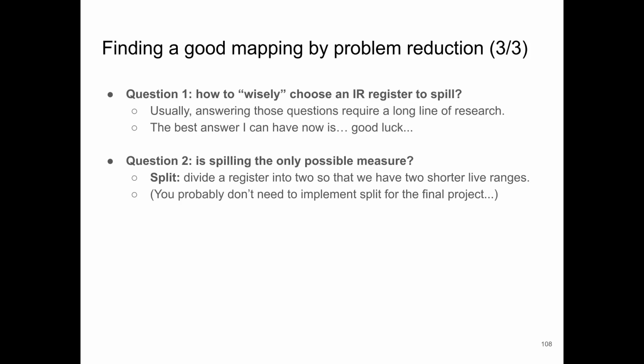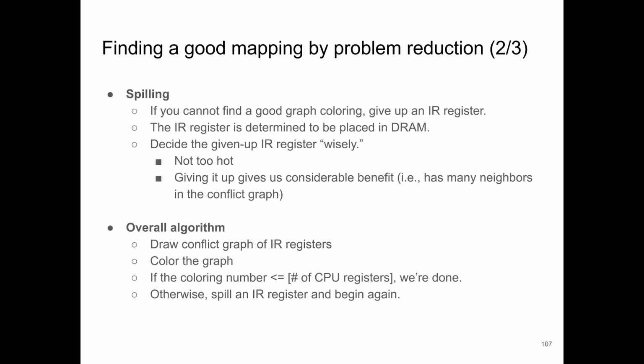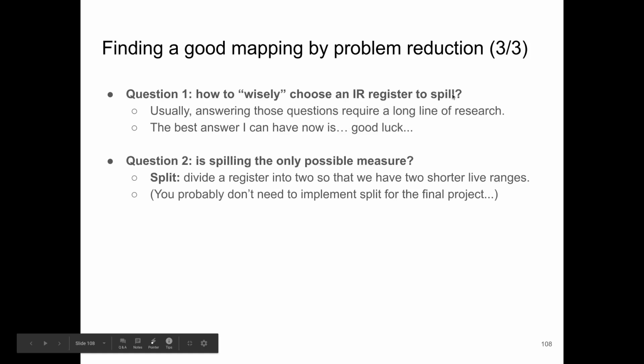And honestly, finding a better strategy will give you slightly higher performance, but implementing this overall algorithm and choosing some IR registers to spill, even if not very wisely, is the key step. After implementing this overall algorithm, the spill strategy will benefit only a little.